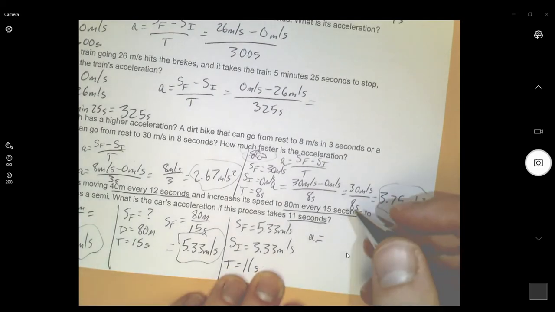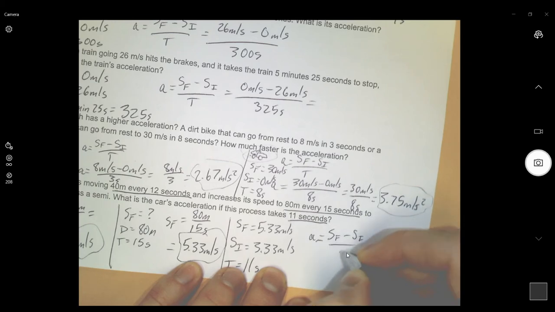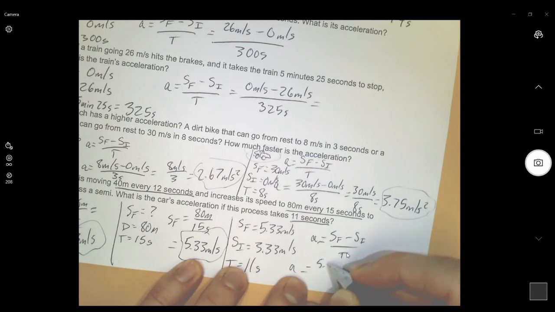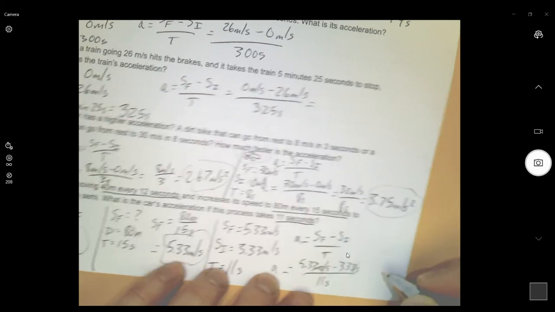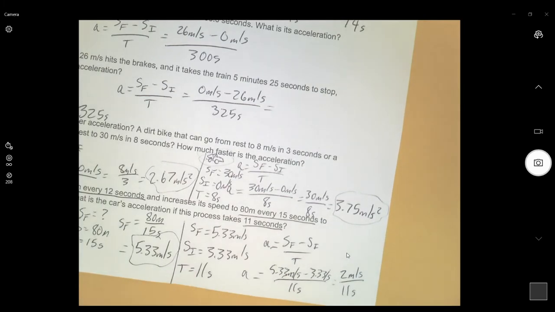So if we plug in all the numbers for our final speed minus our initial speed over time, we get 5.33 minus 3.33 over 11 seconds, which gives us 2 meters per second over 11 seconds.